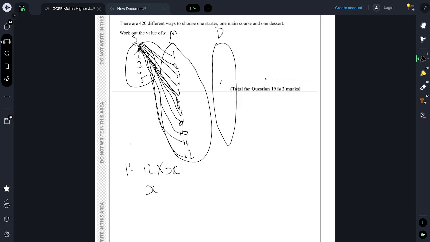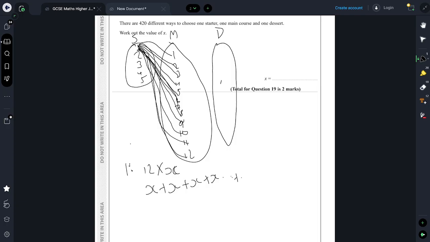So there were 12 options. Notice for the first main, there are X choices. Then if we pick the second main, there are another X. Third, then we can pick X desserts again. There are X choices, and it goes on 12 times. For each main, we can pick X choices from the desserts.